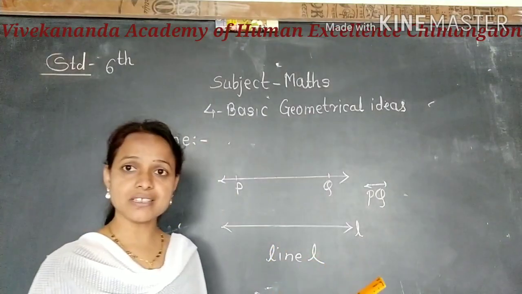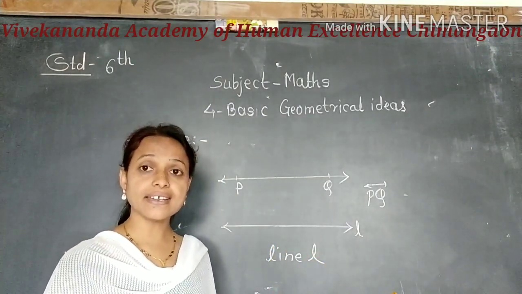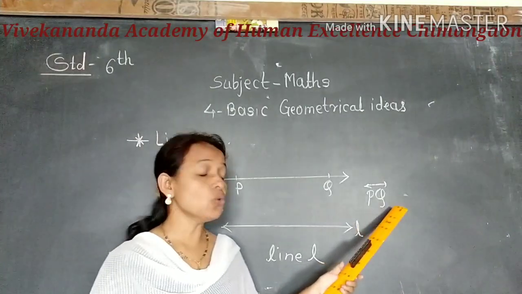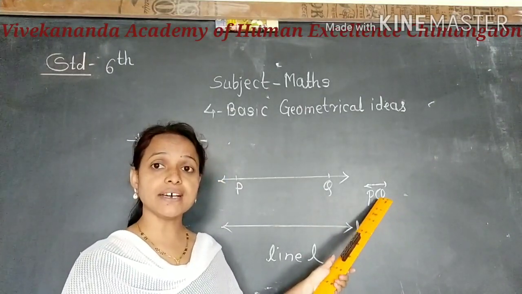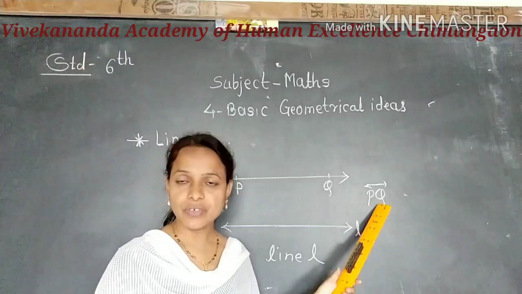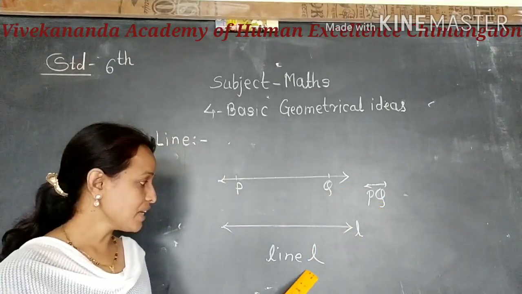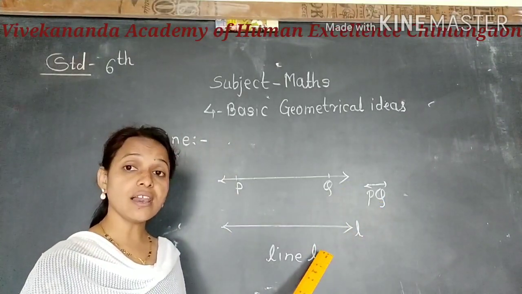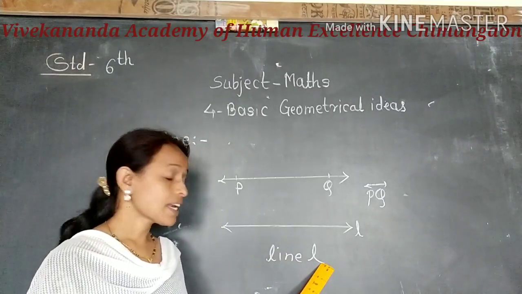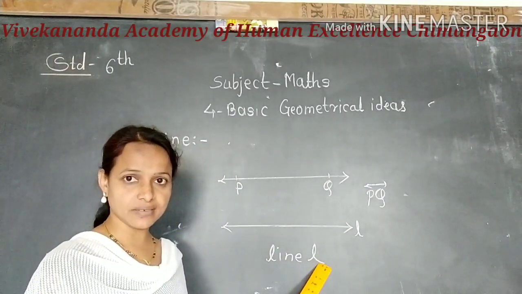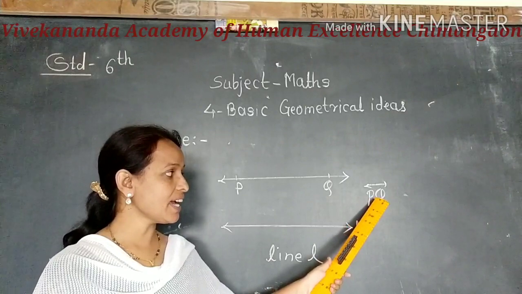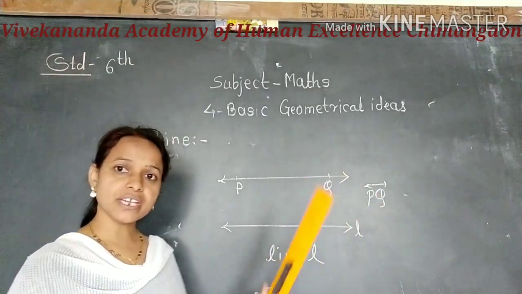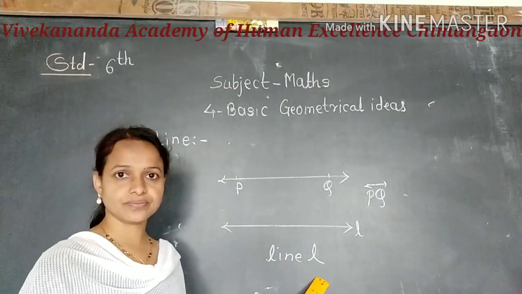See, students, we can denote a line by using 2 English capital letters, or we can denote a line by using a single small English letter. So here we can denote line PQ or we can denote line l.